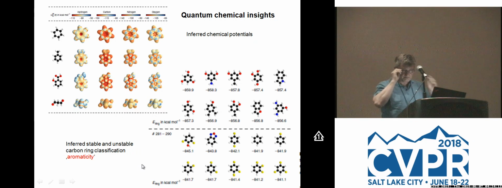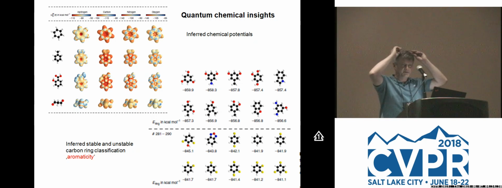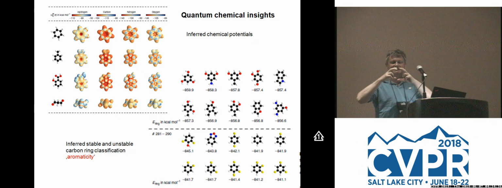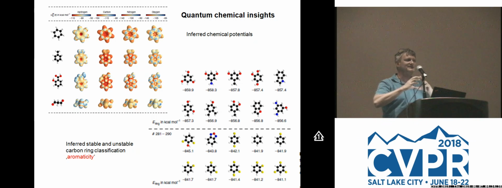But most importantly, the question is, can we actually get something out of the model that has not been in our database? And the answer is yes, we can. One of the interesting questions, if we are chemists, or maybe it's a semi-interesting question, but it's still a question in chemistry: if we have these benzene rings, there's the issue of aromaticity of these compounds.